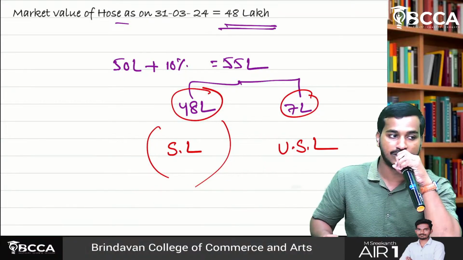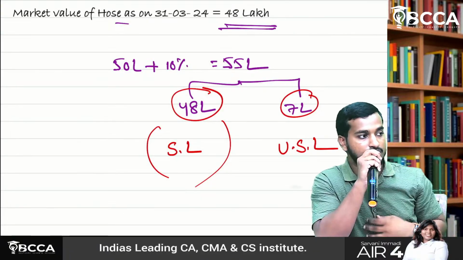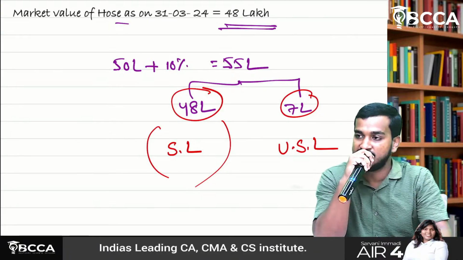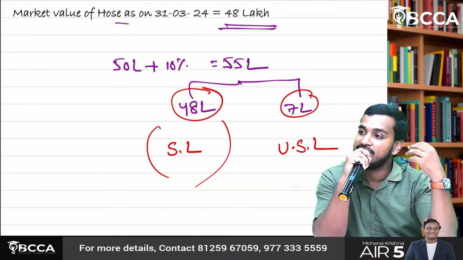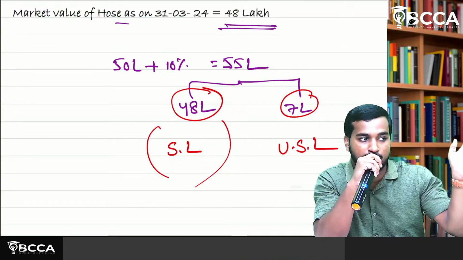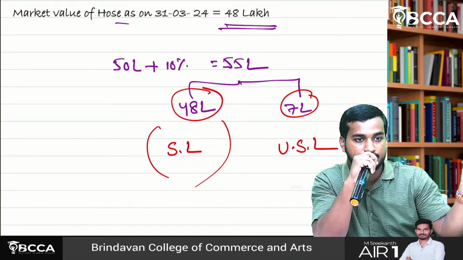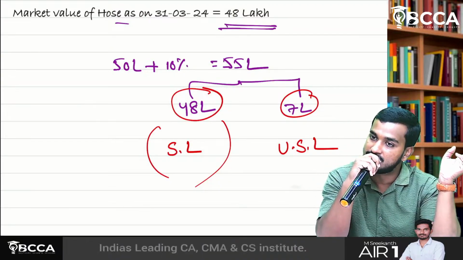For example, SBI has given a loan to you, correct? Tell me, from SBI's point of view, is it a liability or an asset? SBI has given a loan to you. Is it an asset or liability? Asset only.